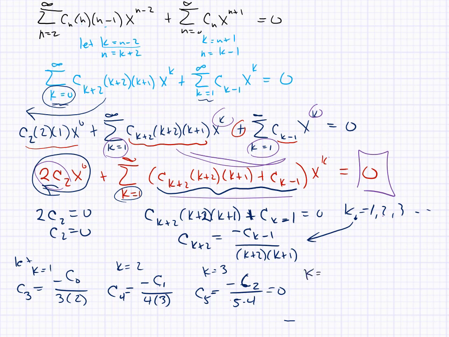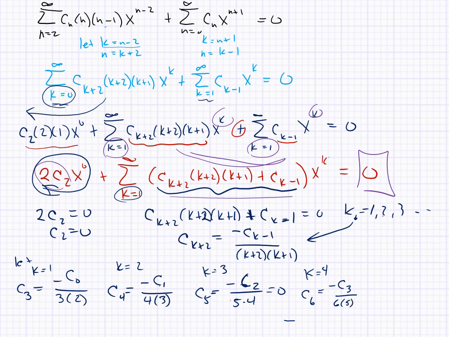So k equals 4. We're going to get c sub 6 to be negative c sub 3 over 6 times, what did I say, 6 times 5.